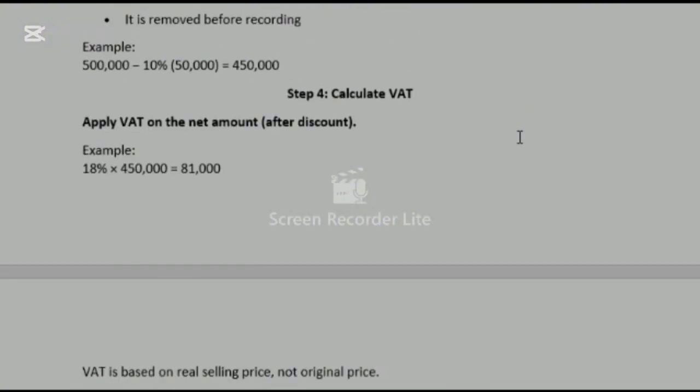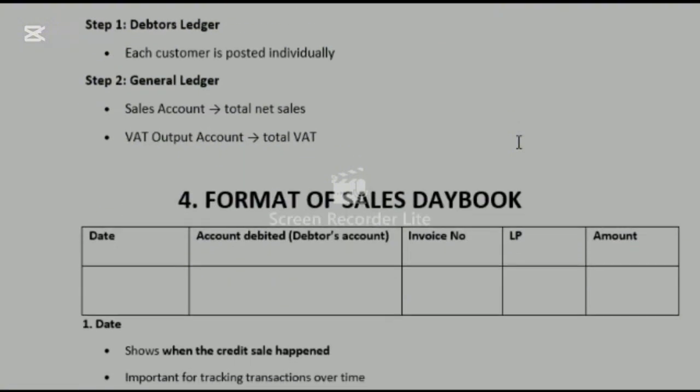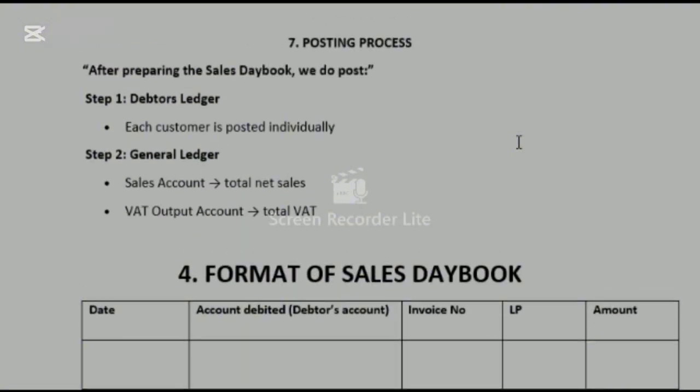And you know that after preparing the sales daybook, we post to the sales account and debtors account. For the debtors account, each customer is posted individually. As you know, in normal life, when I buy things in your shop on credit, you cannot combine me with others who buy on credit.